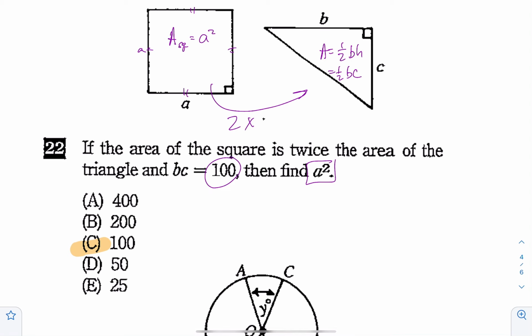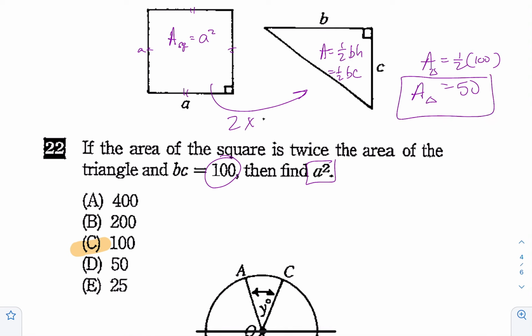Now BC is equal to 100. So you know that B times C is 100. Half of 100 will be 50. So the area of the triangle is equal to 50. Now the square is twice that. So you take 50 and then you just double it.